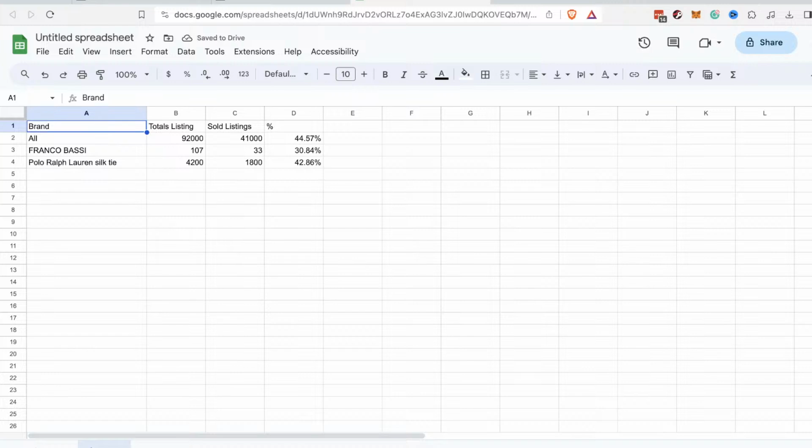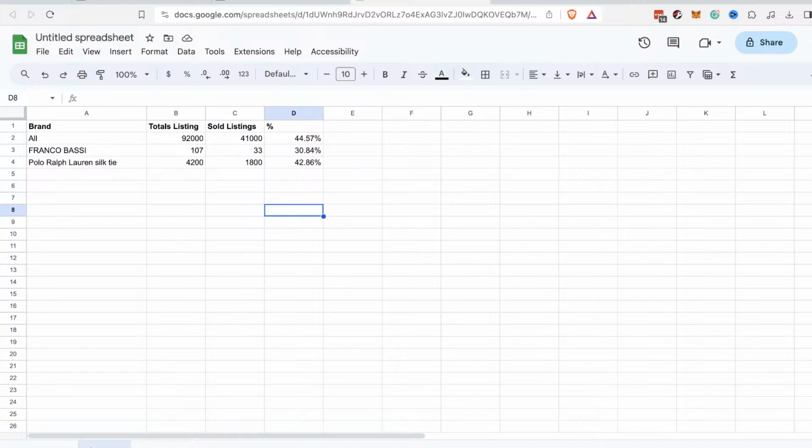Ooh, look at this. So this is selling around the average. It's a little bit less than all, but when you see a Ralph Lauren polo tie, chances are that it'll sell around 40% of the time. I know the windows may be different for total listings versus sold listings, but I think this is directional to say this is a tie that you can probably look at and go, okay, cool.